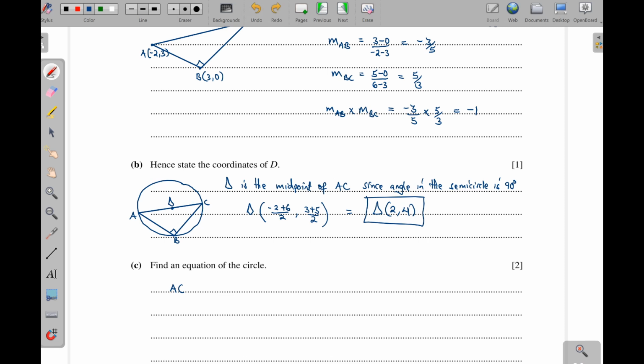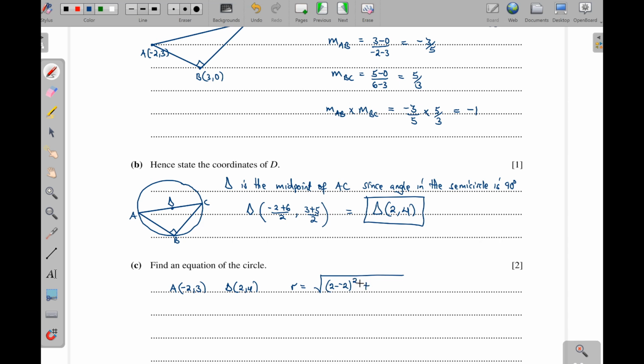Now, let us look at A and C. A is -2, 3. Actually, not A and C, I'm looking at D. D is 2, 4. So the radius is going to be the square root of the change in x, which is 2 minus -2, that becomes 4.